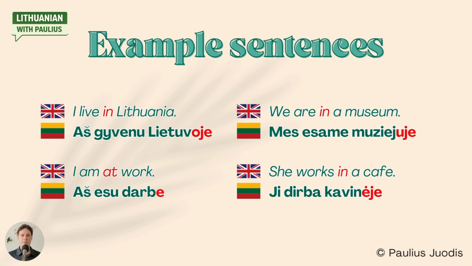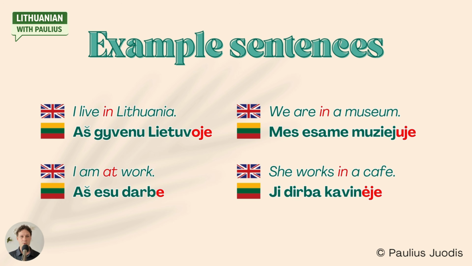So take, for example, these 4 sentences. I live in Lithuania, we are in a museum, I am at work, she works in a cafe. As you can see, the noun endings will change. So instead of adding a preposition, as we would in English, we're changing the ending of the locations.